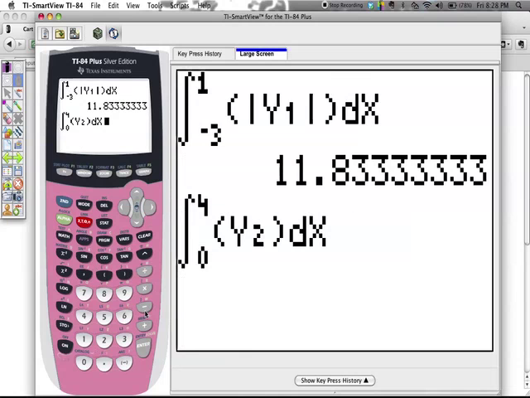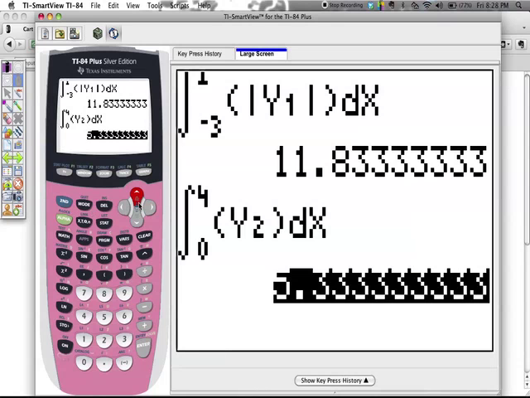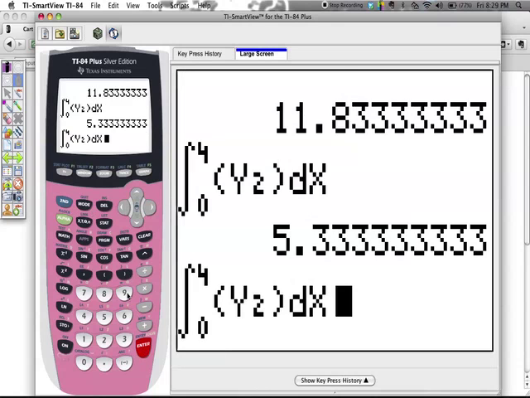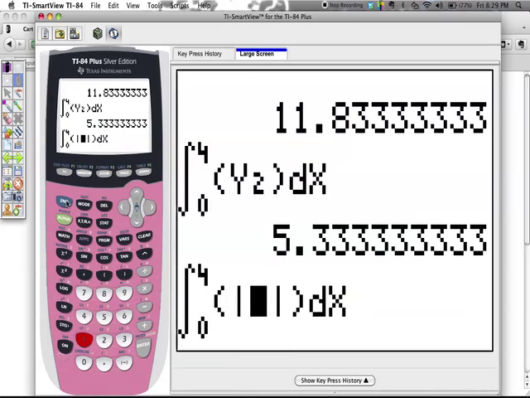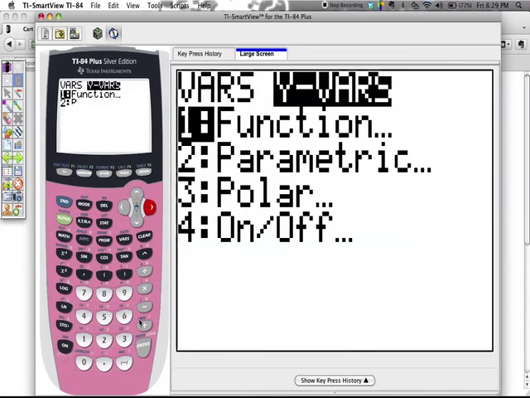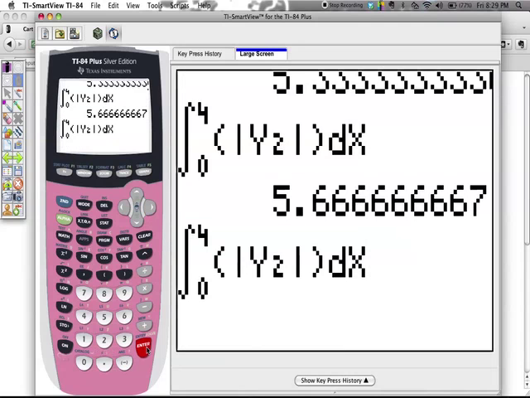Is this going to give me total distance, which we found first, or displacement, which we found second? That's finding displacement. 5.3333, that's 5 1/3. If I take that integral and insert my absolute value, that's going to find me total distance. Which we find to be 5 2/3.